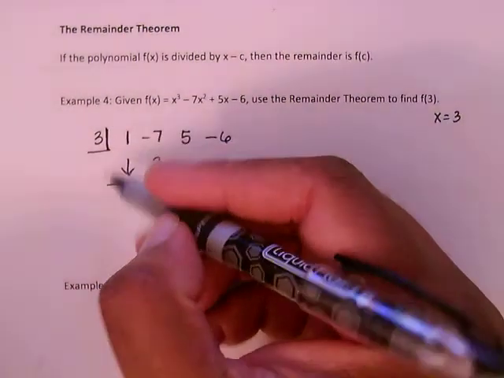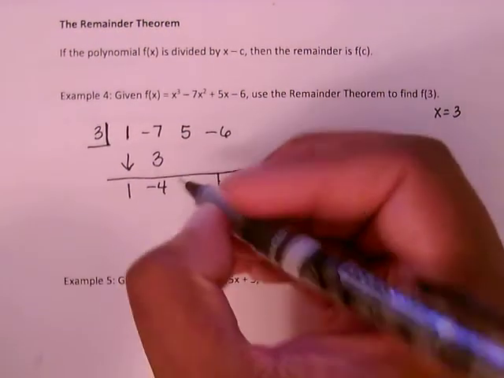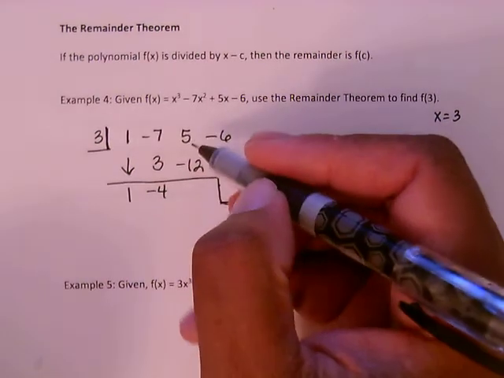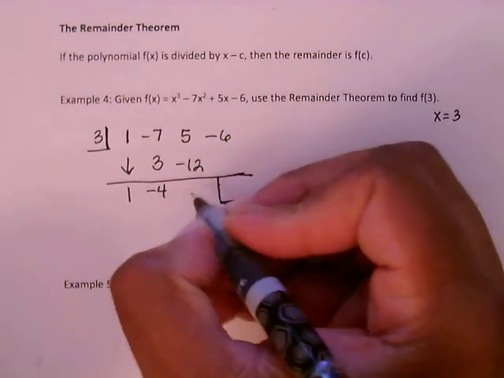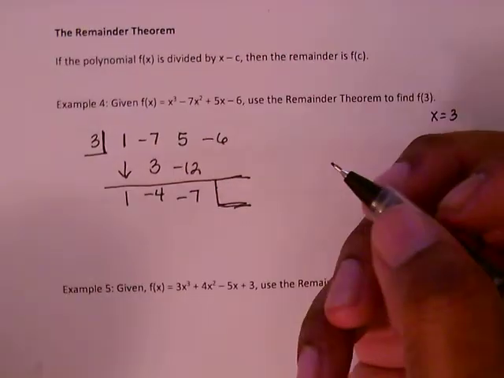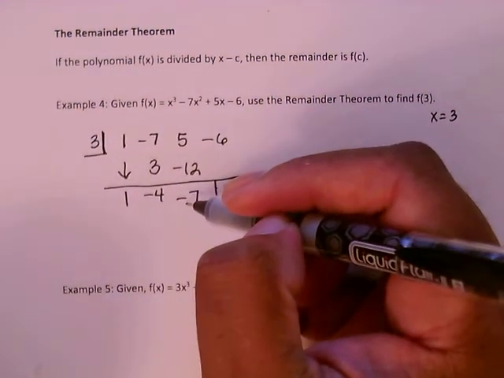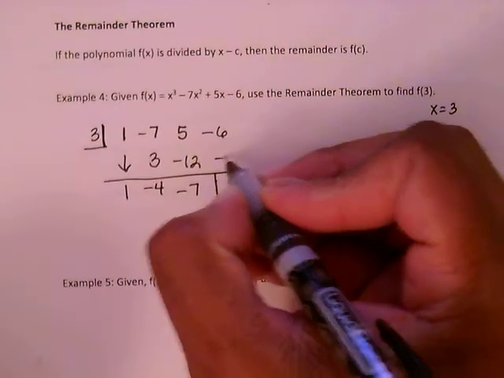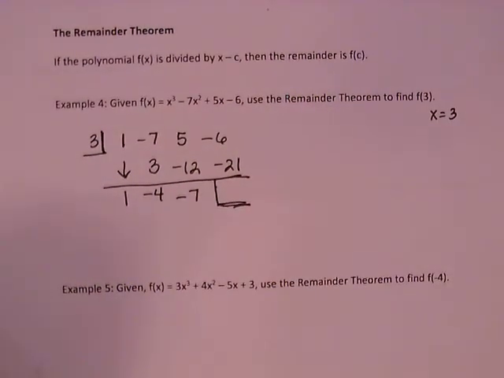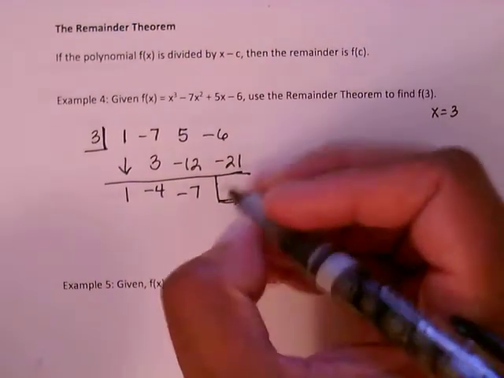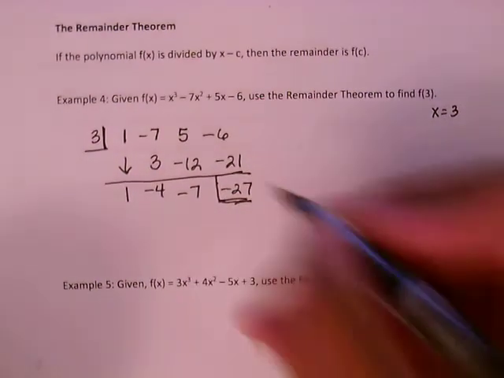And then do 3 times negative 4. That's negative 12. And then add 5 and negative 12 together, you'll get negative 7. And then finally do 3 times negative 7. That's negative 21. So if I add negative 6 and negative 21 together, you'll get negative 27.